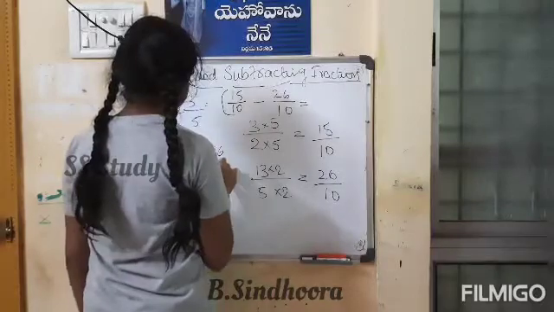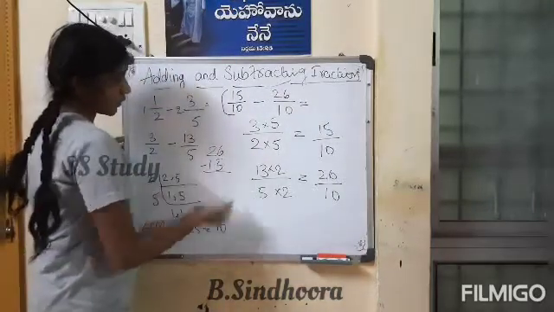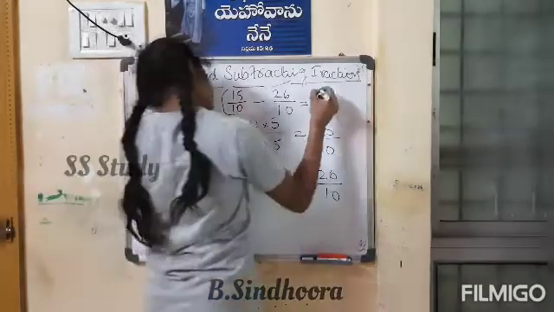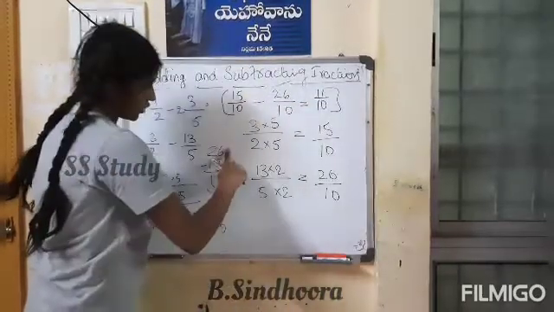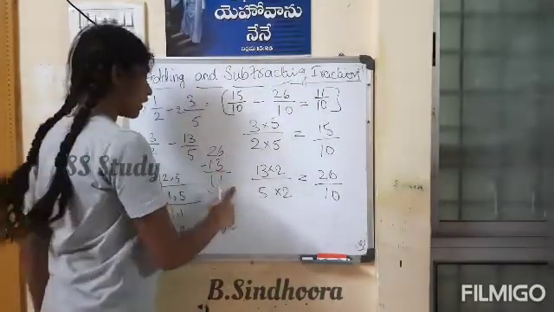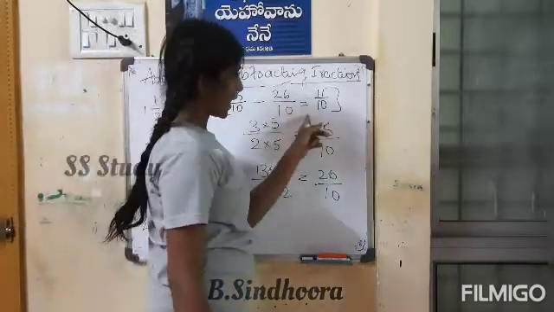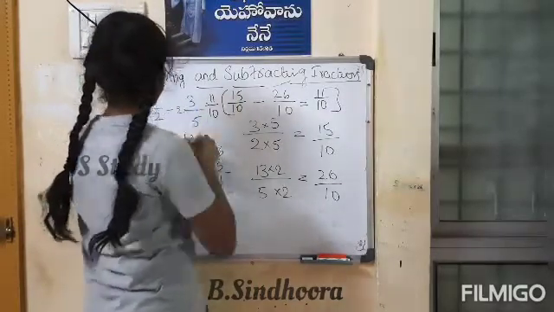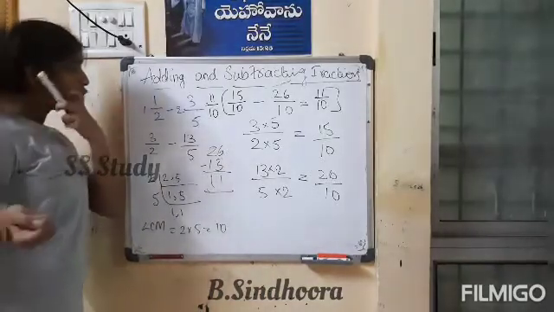15 minus 26. So here in fractions you can reverse it: 26 minus 15 is 11. So first cross check. 11 by 10 is the answer. So this is about how to add or subtract.